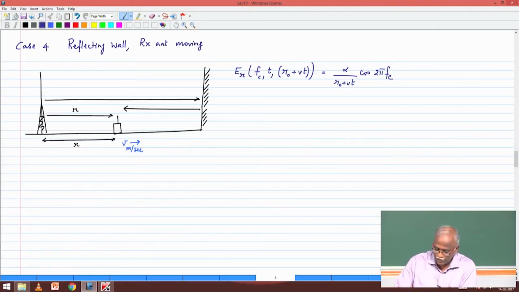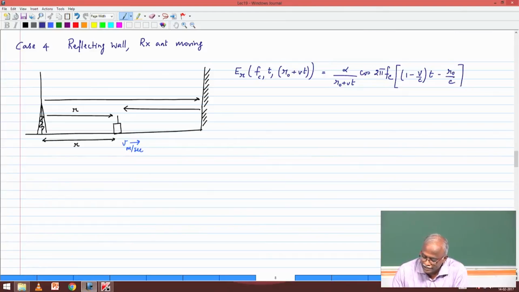Again, you would have to substitute the expressions for R. So I will take advantage of the earlier expression. So this will be (1 minus V by C) into t, that's the negative Doppler shift, because the direct component is in the same direction as the direction of motion, minus R naught by C.